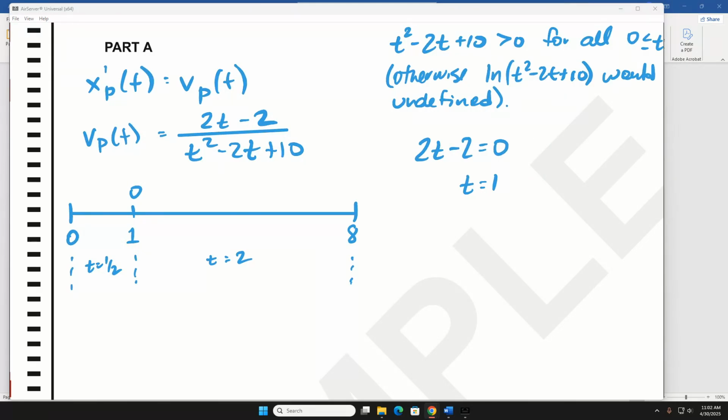So I would put 1/2 in, all I have to use is this part. That's going to give me 1 minus 2, which is negative. So that whole section will be negative velocity. And then we can put 2 in, and that's going to give me a positive. So this whole section is positive.